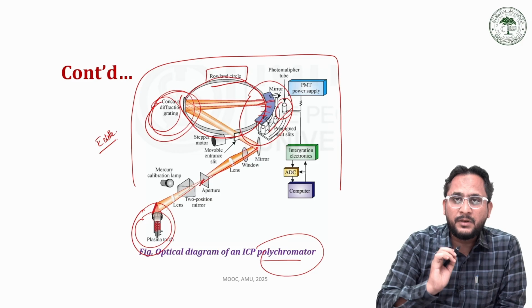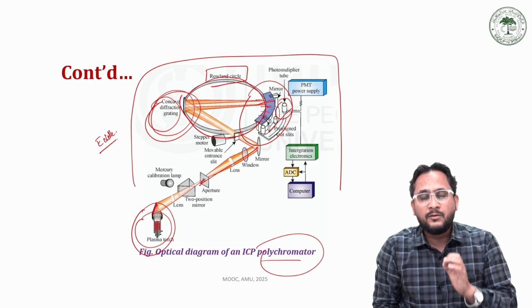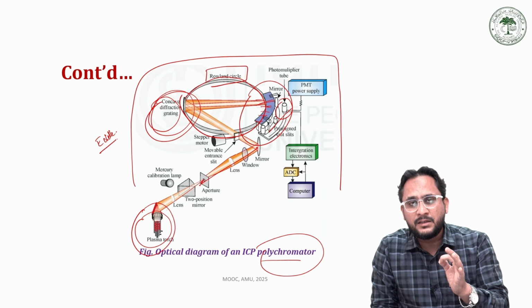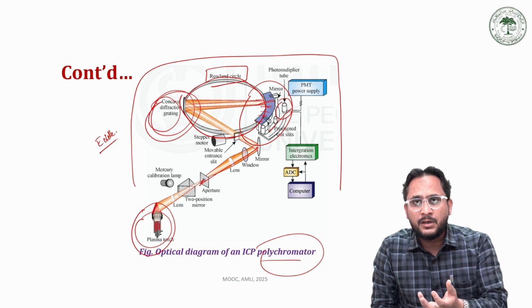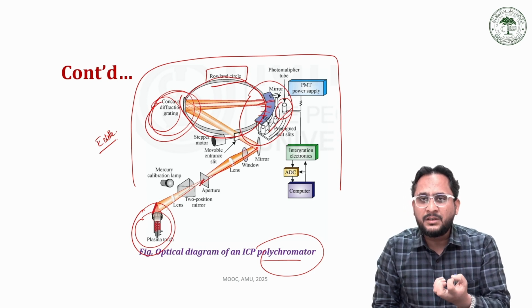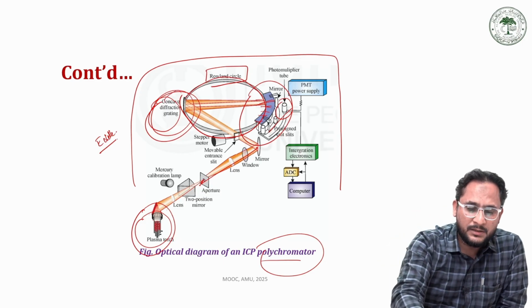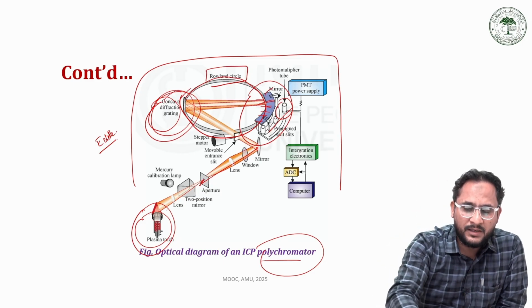We don't need multiple entrance slits, only multiple exit slits, which allow multiple light radiations to pass through. And in order to have a combination that can be easily moved to select different wavelengths, we have both these devices placed on the Rowland circle.